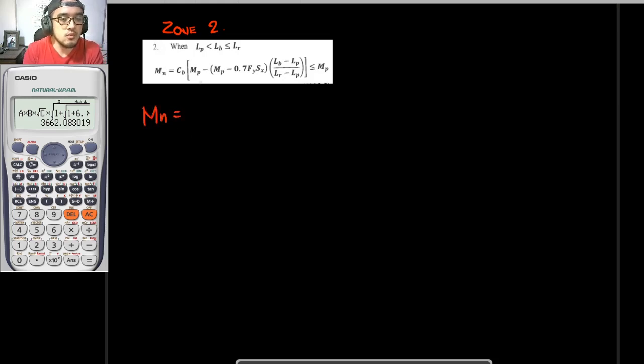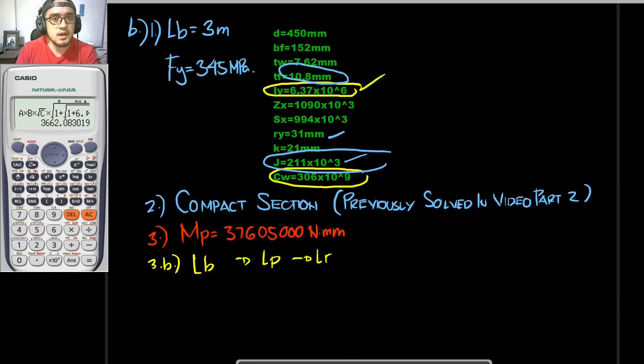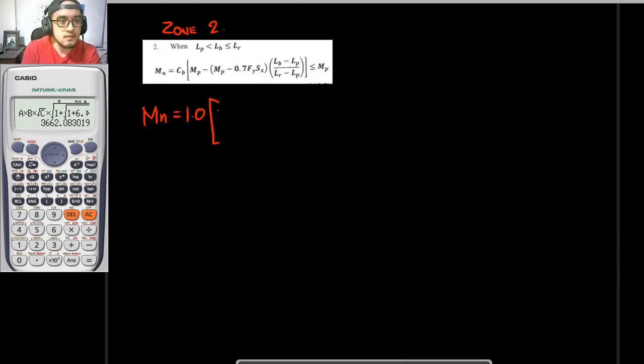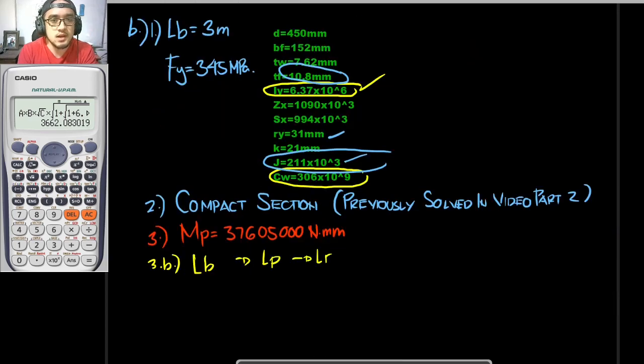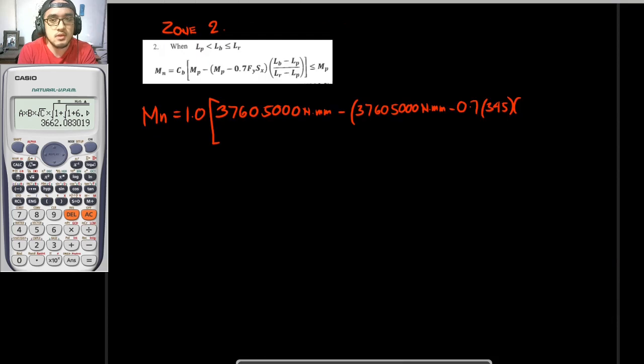Mn is equal to our Cb, and our Cb from the given is 1.0 times our Mp. And what was our Mp once again? Our Mp is equal to 3760500 minus 0.7 Fy, and our Fy would be 345 times Sx, and our Sx once again is equal to 994 times 10 raised to 3.